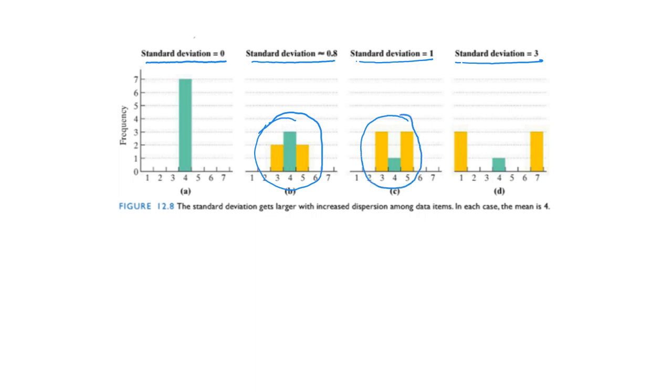The mean is the green bar, but notice that the yellow bars are taller now. So it means we have a higher frequency. More numbers are falling away from the mean. And then over here on the final one, we have a larger dispersion because we have more data values that are falling much farther away from the mean. And this concludes your lecture for 12.3.